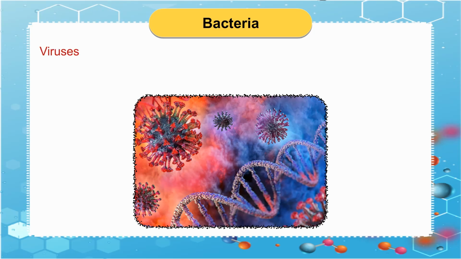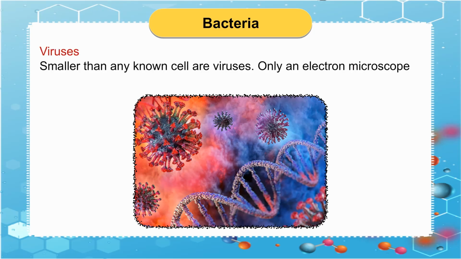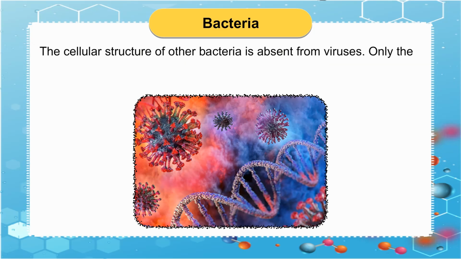Viruses. Smaller than any known cell are viruses. Only an electron microscope can see them because they are so tiny. The cellular structure of other organisms is absent from viruses.